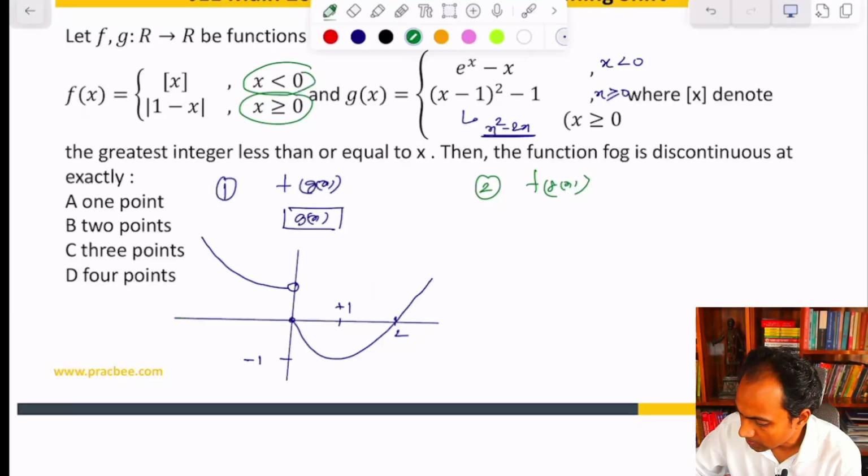So that would mean this is my 0. The values below this, that is smaller than 0, will go into the first part of f of x, and the values greater than this will go inside 1 minus x.